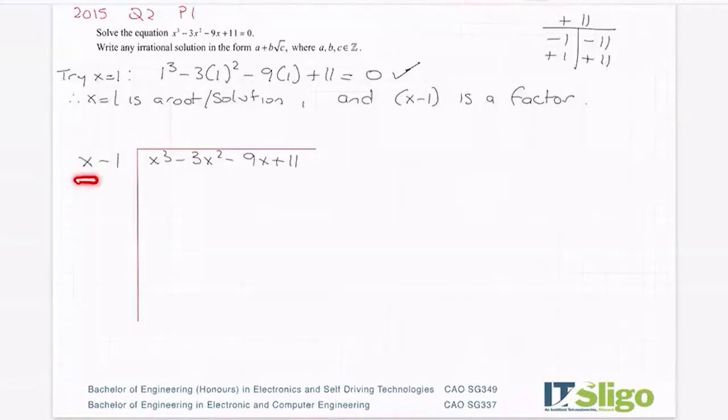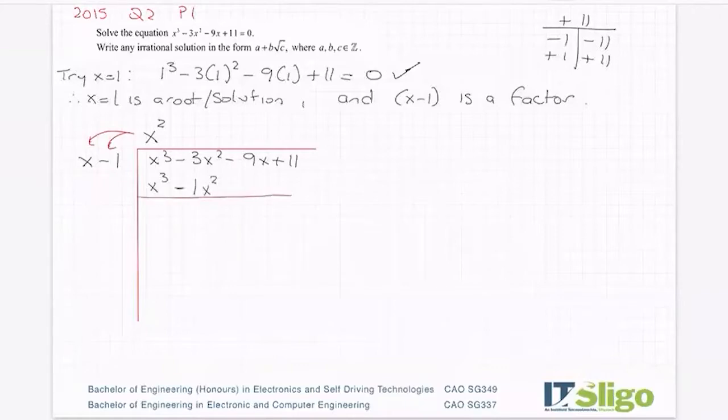Okay, so what must I multiply x by to bring it up to x cubed? Well, you need another two x's, so an x squared. And you multiply that by everything on the outside. So x squared by x is x cubed. x squared by minus 1 is minus 1x squared.